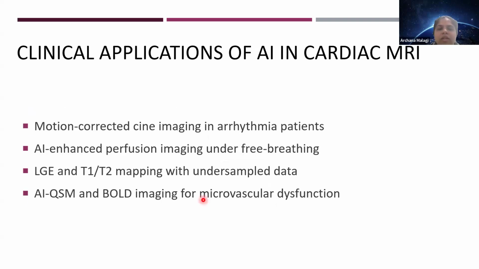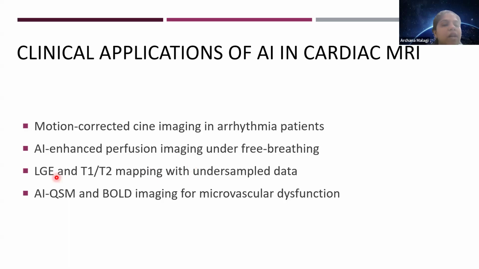Now let's come to the applications. In this clinical application, we do motion correction, especially in arrhythmia patients where the heart rate is different. AI-enhanced perfusion imaging. Perfusion imaging is nothing but calculating the blood output using different methods.